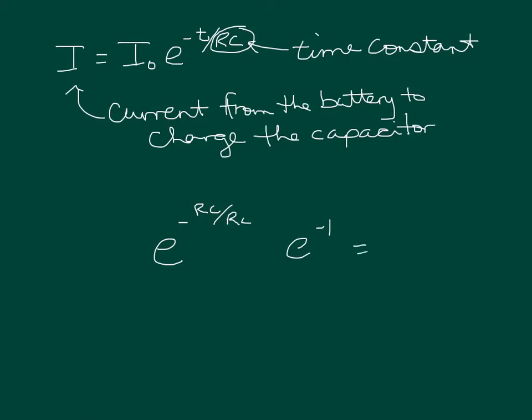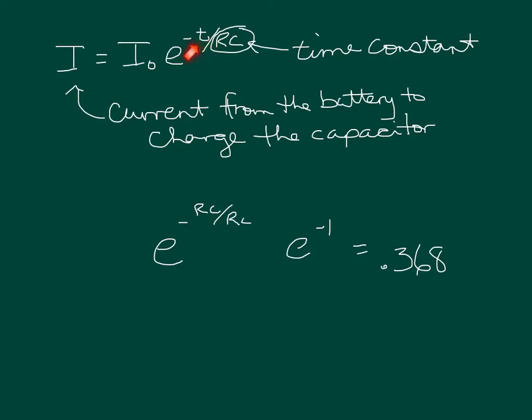If we do it on our calculator, the e button is an inverse function of the ln, so we go second ln, e to the minus 1, and that comes out to 0.368. So basically this whole term becomes a number, 0.368.